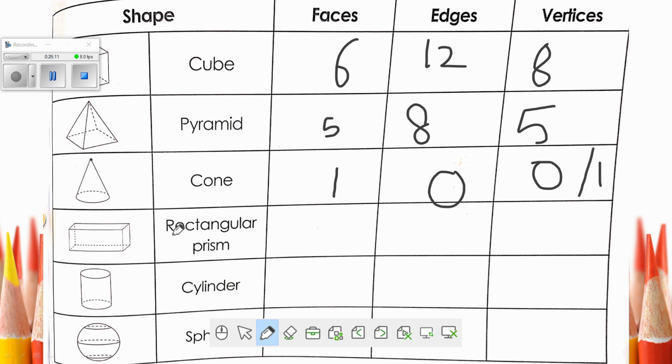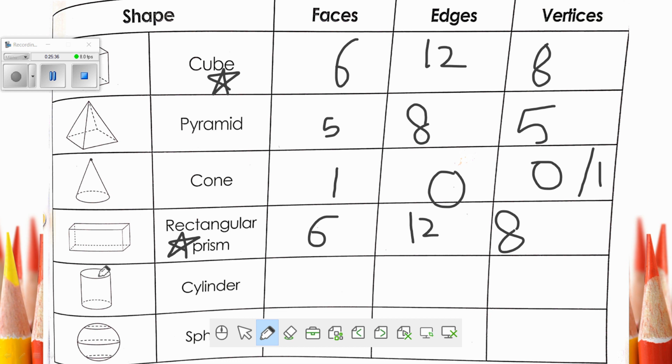Rectangular prism? Like the cube: 6 faces, 12 edges, and 8 vertices.